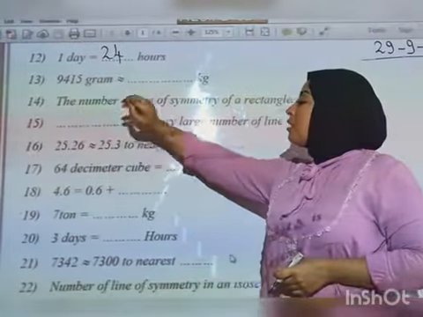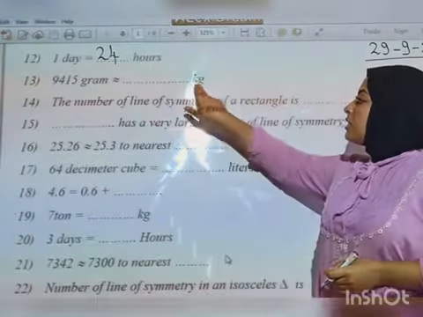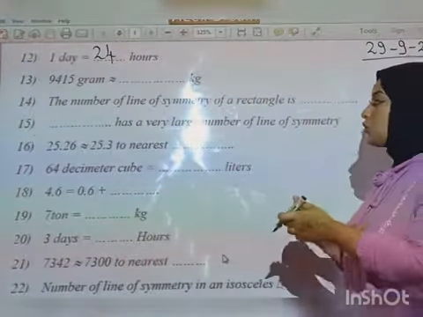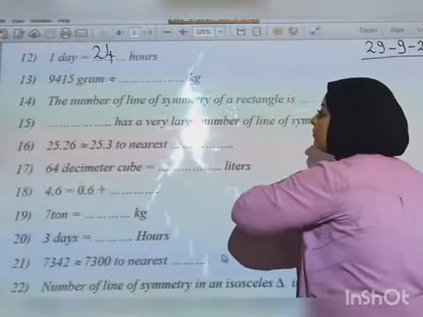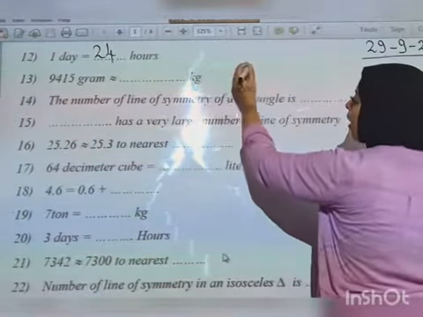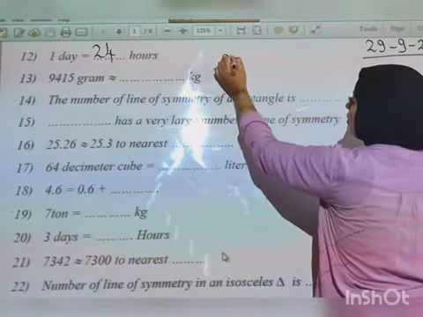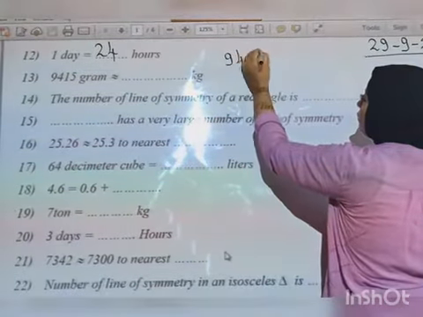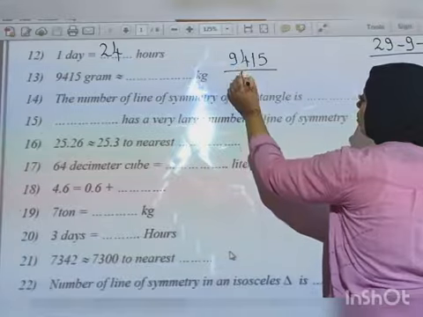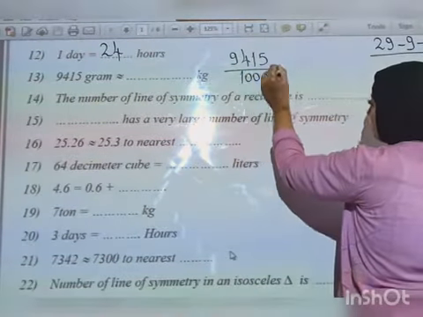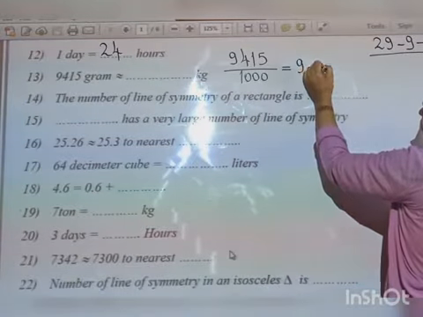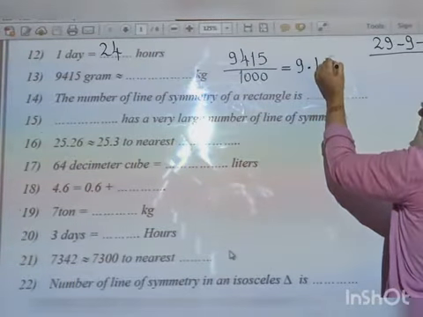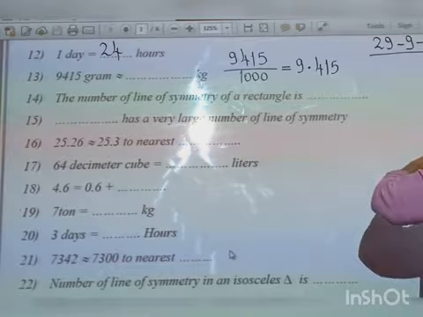9,415 grams to the nearest kilogram. That means we should convert this number from grams to kilograms first. That means we will divide this number, 9,415, by 1,000. It will be 9.415 kilograms.